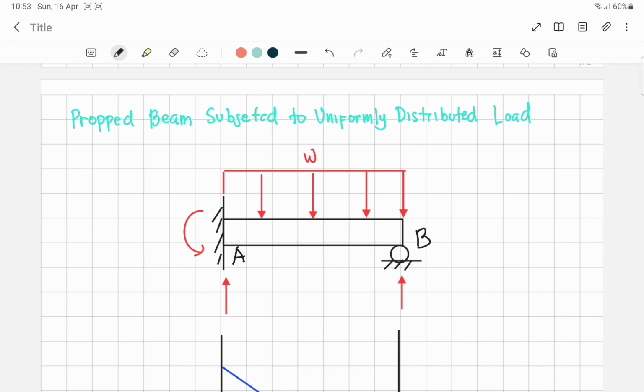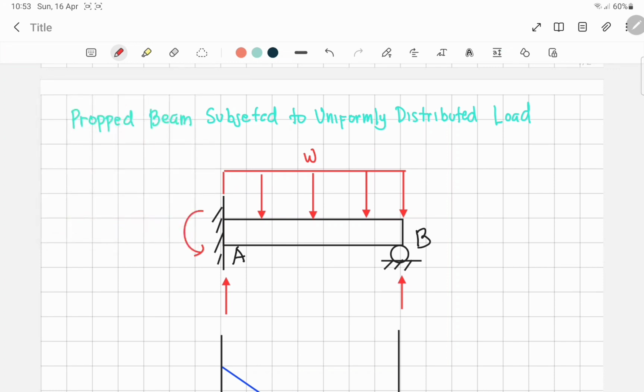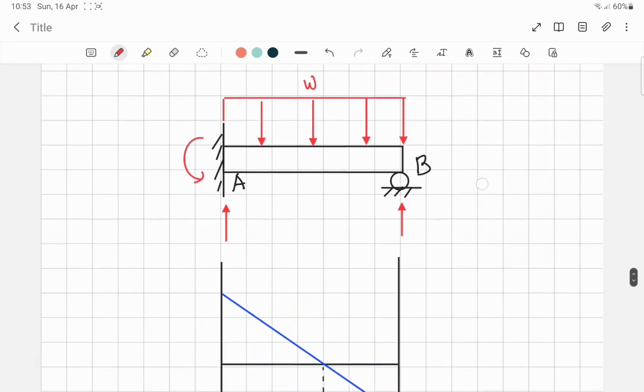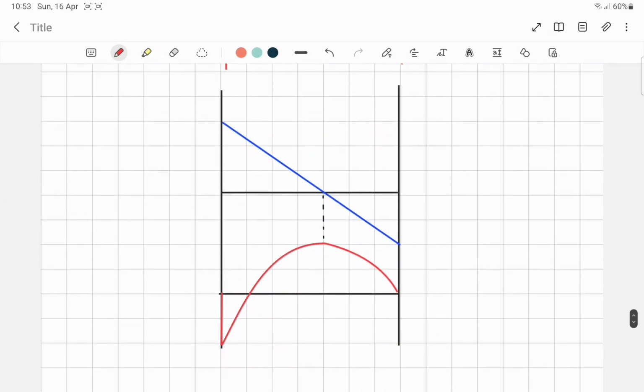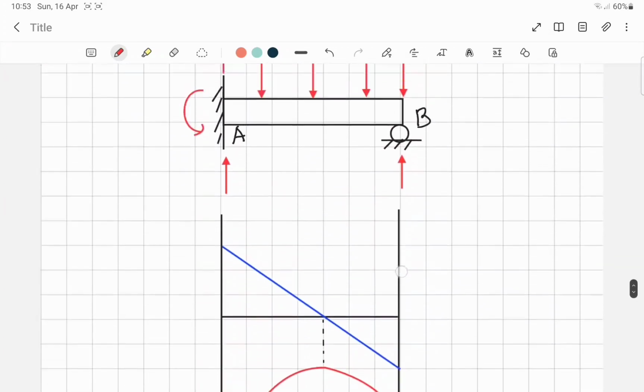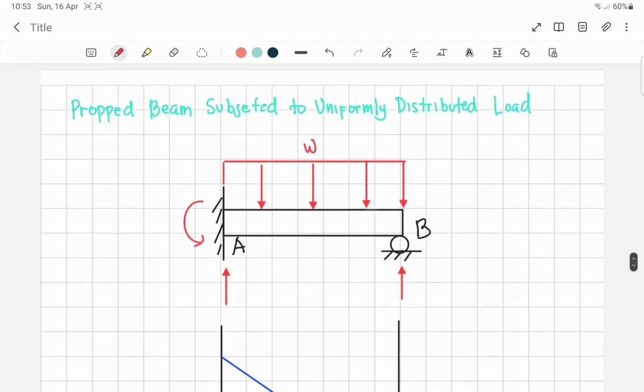There are already shortcut formulas for determining the reaction at the fixed support, the reaction at the roller support, and the moment at the fixed support. There are also derived formulas for the shear and moment at every part of the beam. I will write them one by one.